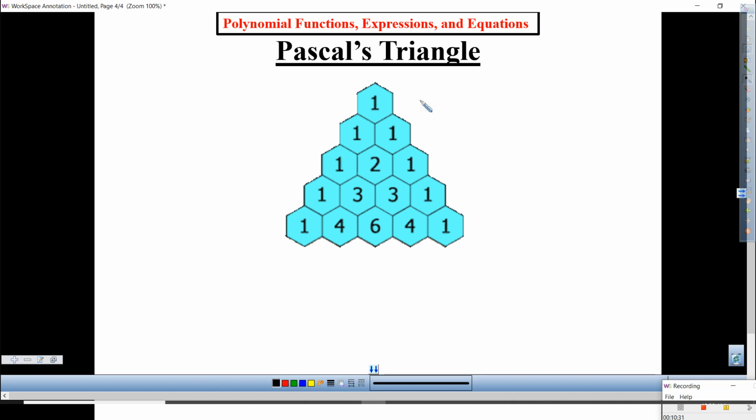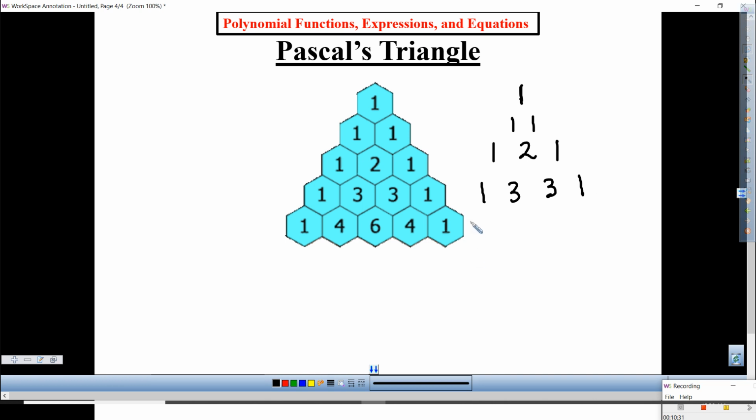On the side or underneath that, start with a 1, then 1, 1, and then you start with a 1, you add those two, and then you get a 1 to end it. And again, you start with another 1, you add these two, 1 plus 2 is what? 3, 2 plus 1 is 3, and then you end it with a 1.